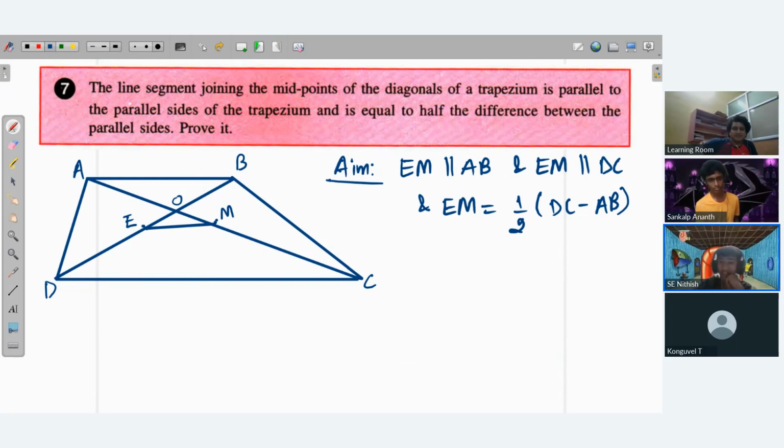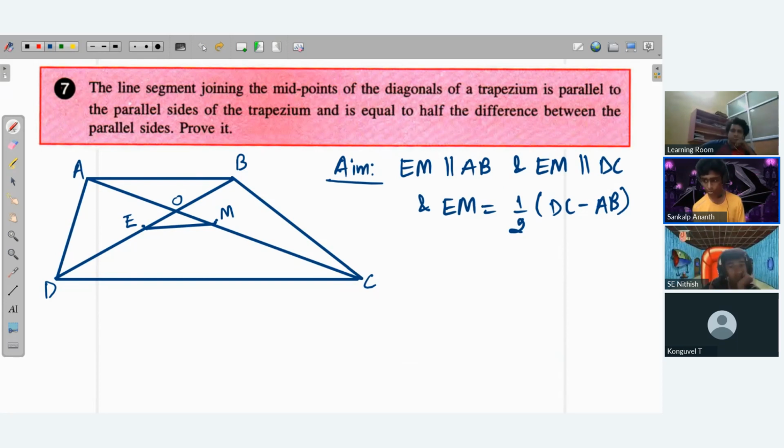Can I again assume the midpoint of D and O? No. Or we can say that E is the midpoint of diagonal DB and M is the midpoint of diagonal AC.